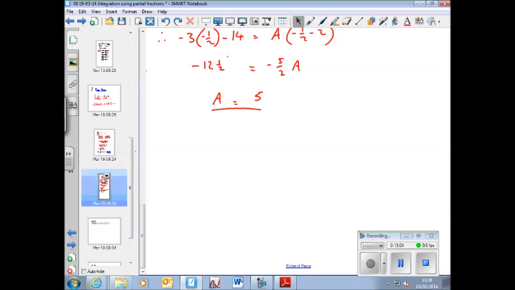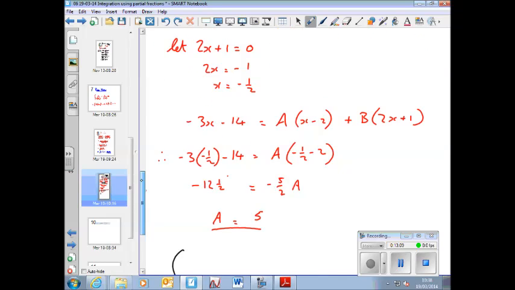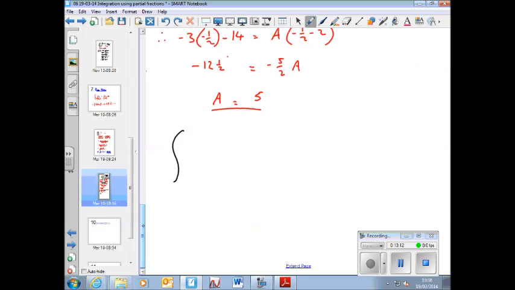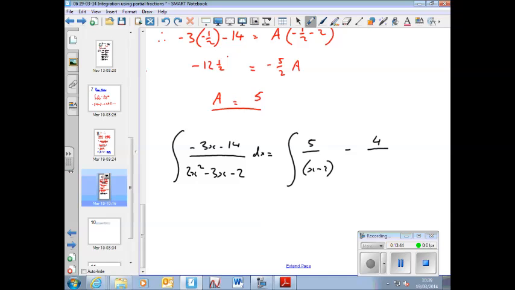So we can say that our original integral, which was the integral of (minus 3x minus 14) over (2x squared minus 3x minus 2), now equals the integral of 5 over x minus 2 minus 4 over 2x plus 1.